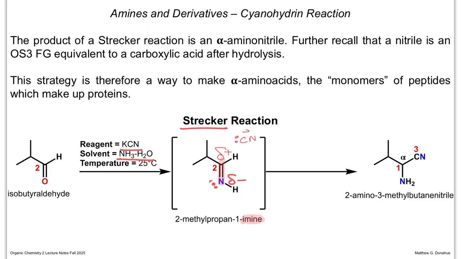So the cyanide can attack that, break the pi bond open, and then upon workup, we have the alpha aminonitrile.